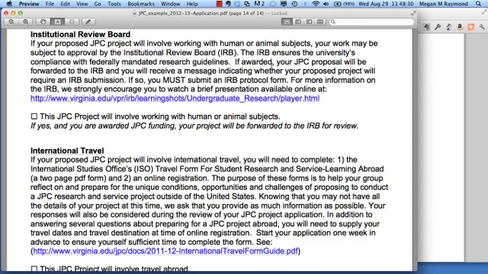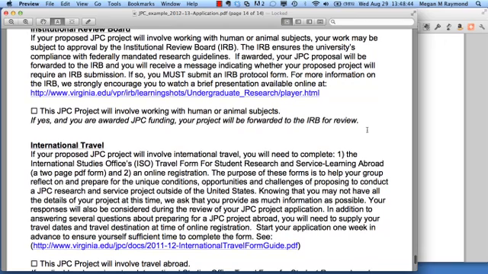If you are accepted and awarded JPC funds, we'll give you a lot more information about that. But it's worth looking at IRB protocols and applications to get a sense of what might be expected of you. It sounds a little bit tedious, but it's actually very important.